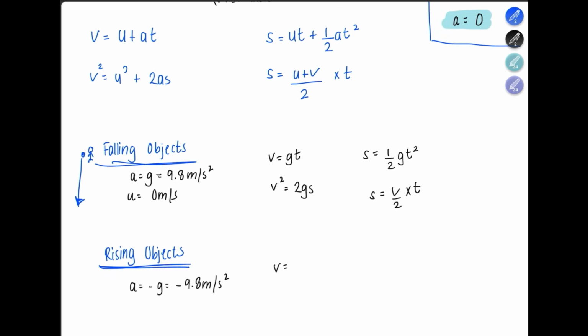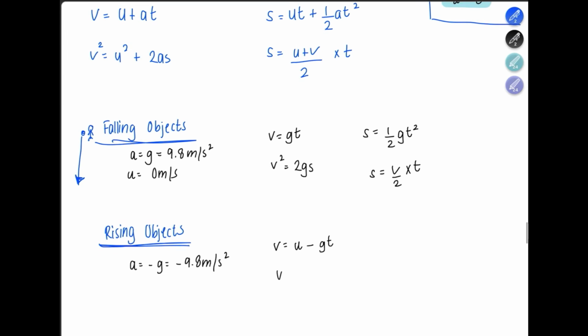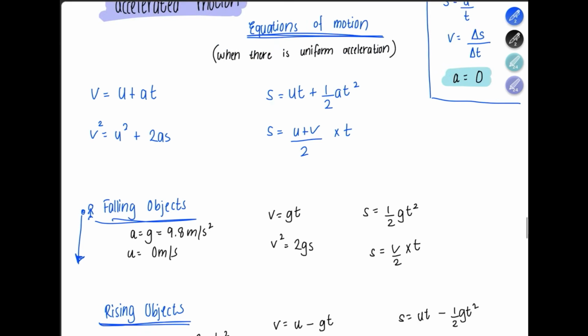So v equals u minus gt, v square equals u square minus 2gs, s equals ut minus half gt square, and s equals (u plus v) divided by 2 multiplied by time. Memorize these big four equations and you will be able to solve most of the kinematics questions.